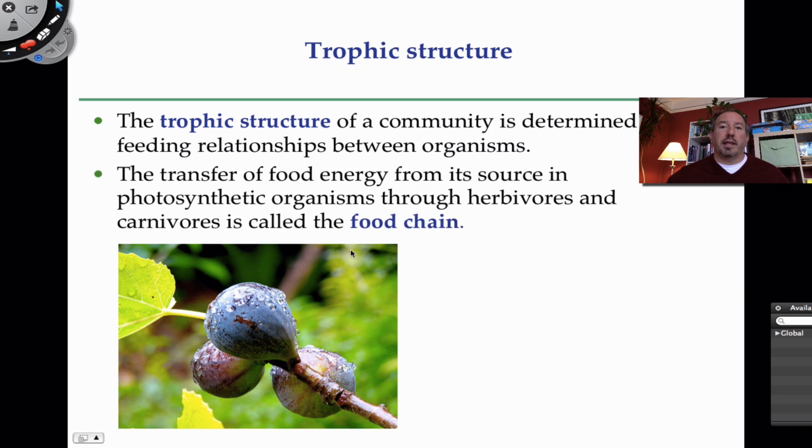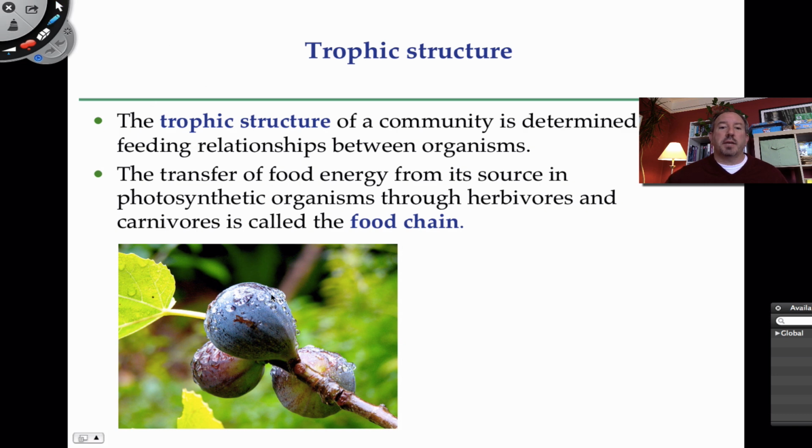And herbivores, which are primary consumers, are coming along and eating this. And then a carnivore, something that eats an herbivore, could be a secondary consumer, and that's what we call the food chain.